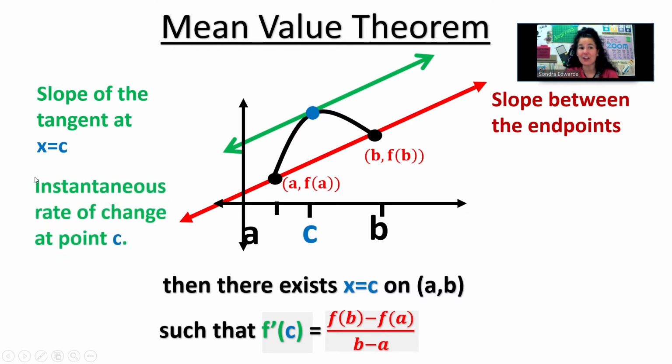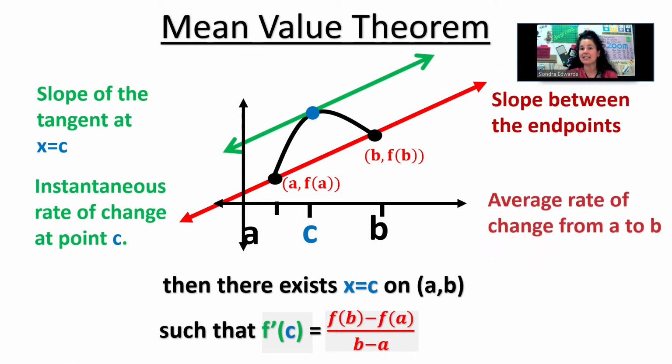Another way that you can describe the slope of a tangent line is the instantaneous rate of change at that point c, right? Slope of the tangent line is instantaneous rate of change. How fast something's going at exactly that one moment in time. And then slope between the endpoints, that is really like a slope of a secant line.